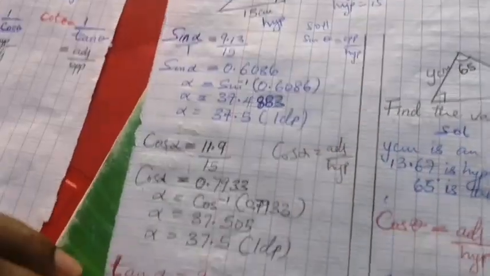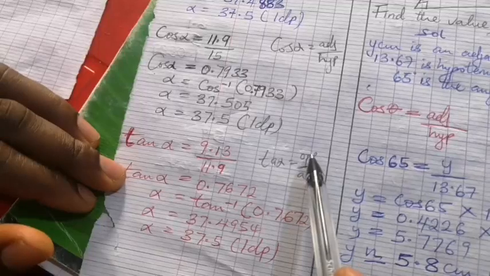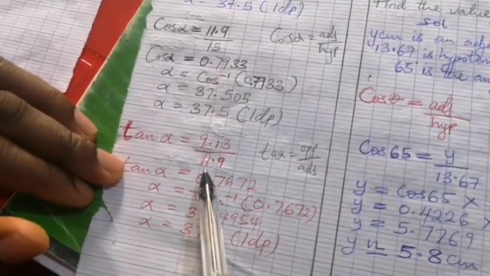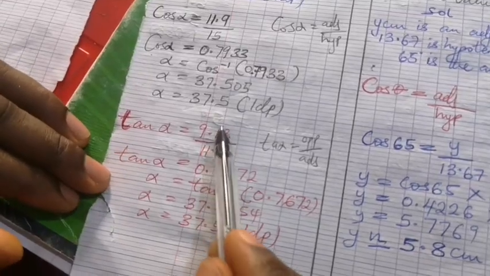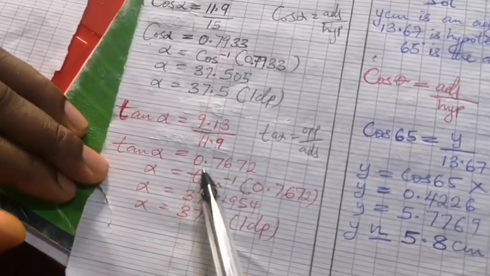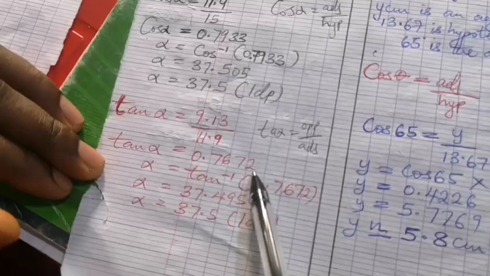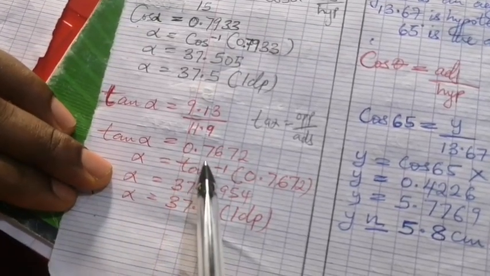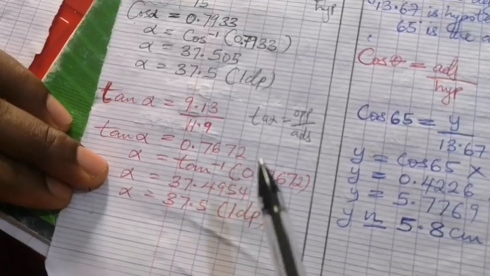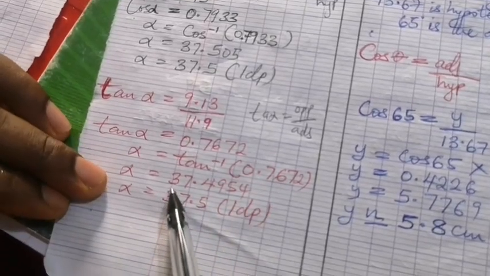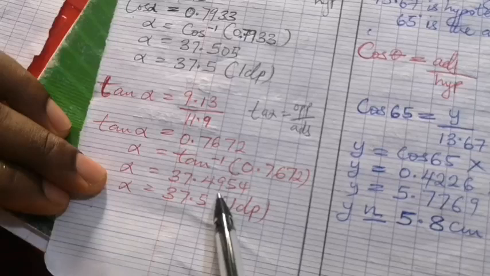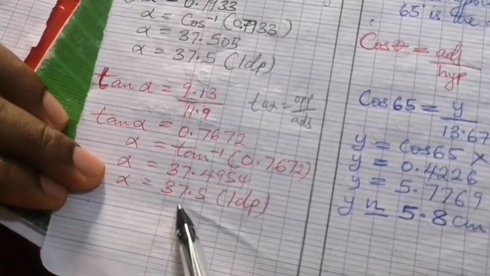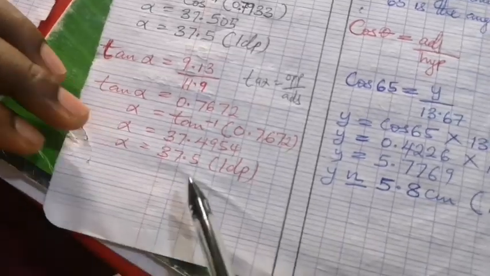So if we substitute those here, we write 9.13 all over 11.9. By the time we divide it, we will get 0.7672. So we do tan inverse of 0.7672. It will give us 37.4954, approximately 37.5.